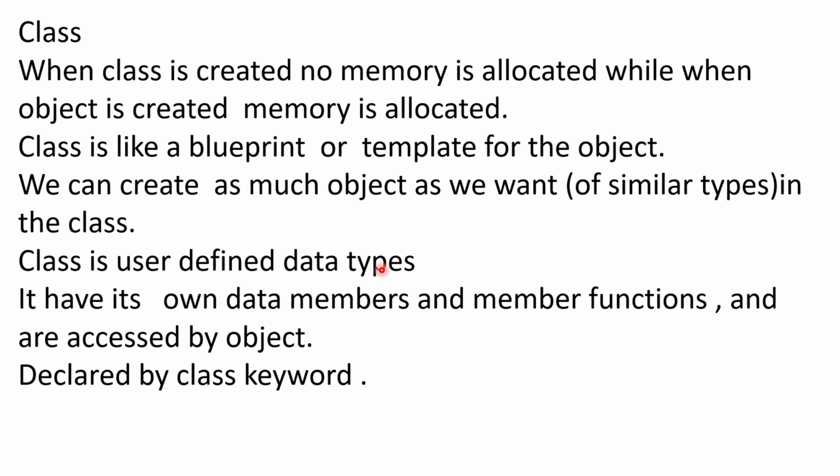If you are creating any class, you can name it anything you want. It has its own data members and member functions, which are accessed by objects. After creating the object, you can use object dot and then the member function or the member data. It is declared by the class keyword.